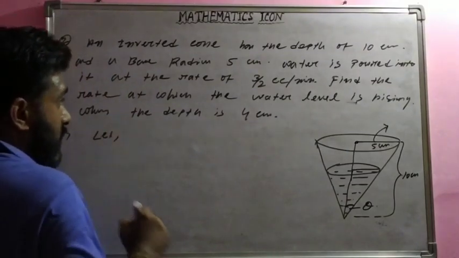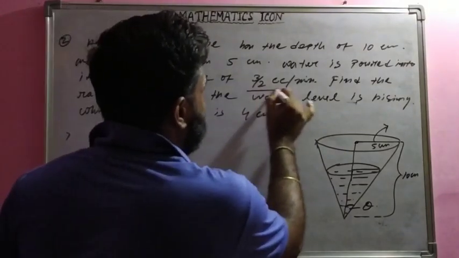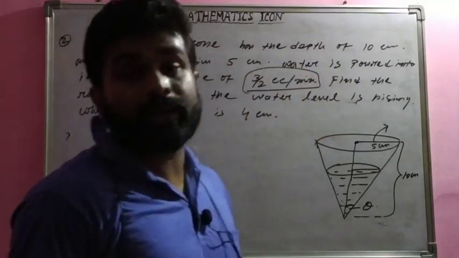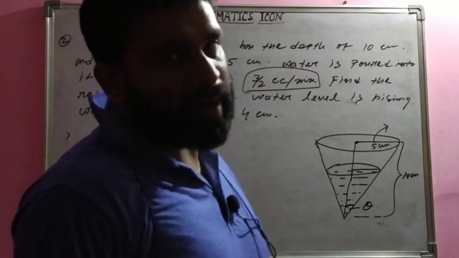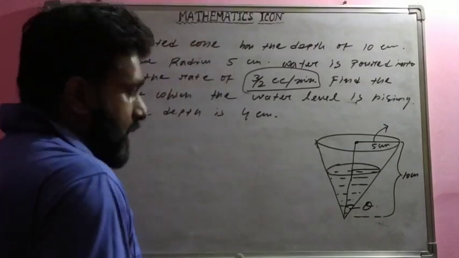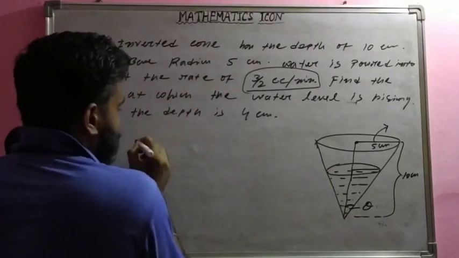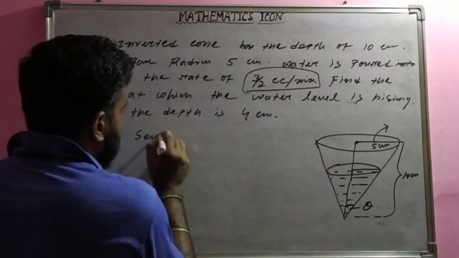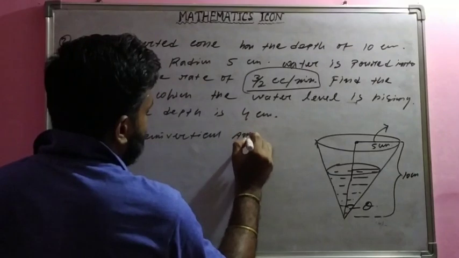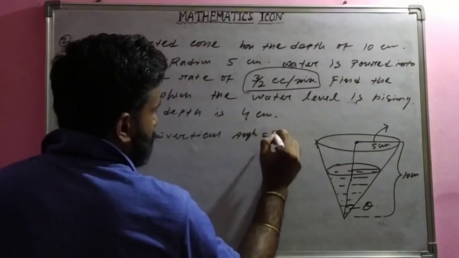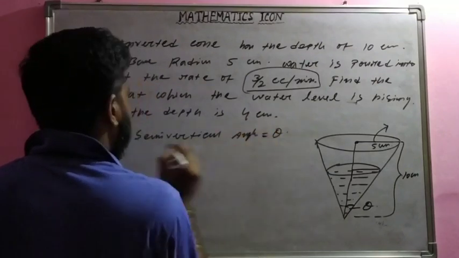सो लेट देखते हैं, शुरू करते हैं। और ये क्वेश्चन रिगार्डिंग सीसी पर मिनट, दैट मीन्स सेंटीमीटर क्यूब पर मिनट। तो सेंटीमीटर क्यूब मीन्स वॉल्यूम रिलेटेड फॉर्मूला, इट इज वॉल्यूम रिलेटेड, ओके। सो लेट सेमी वर्टिकल एंगल equals to theta, okay.